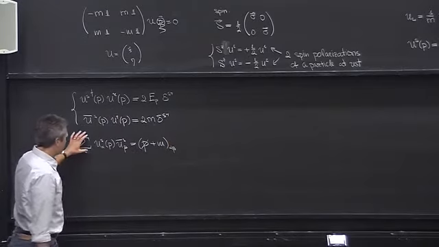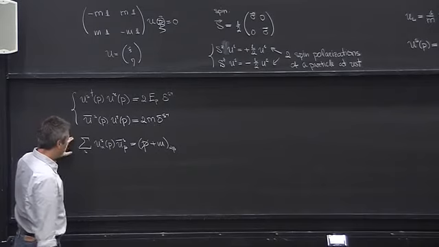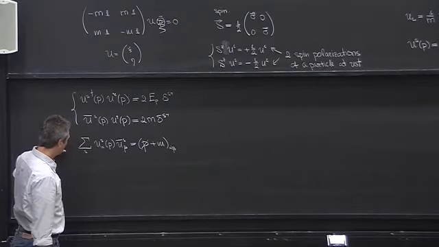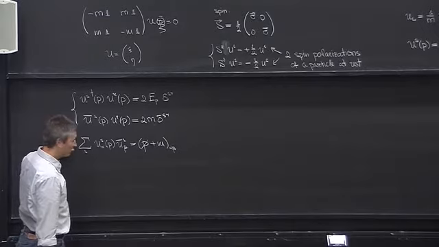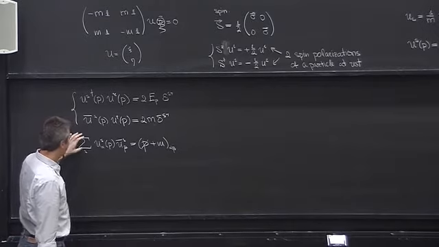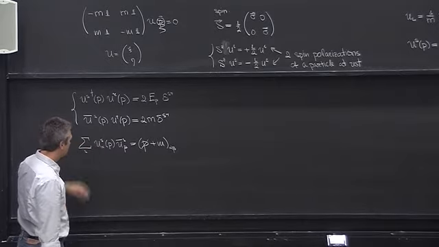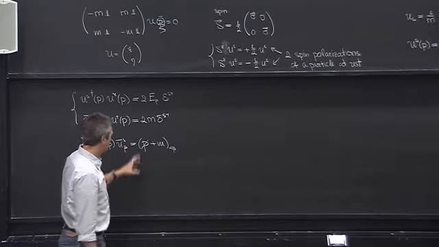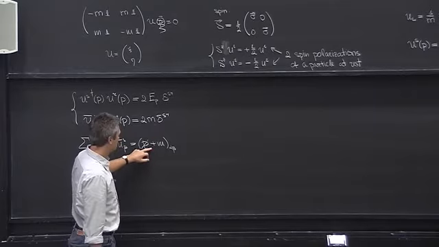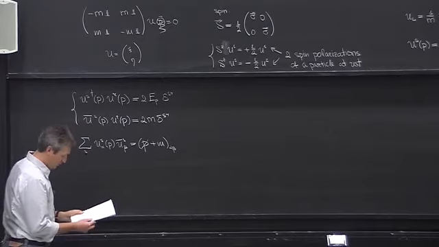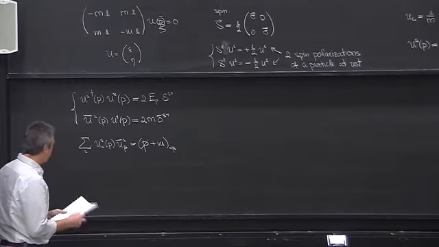Again, there is a cross-check on this formula. We can apply the Dirac equation to it. On the left-hand side, we get 0 because the Dirac equation acts on u, and u is a solution by construction. And on the right-hand side, we get 0 just because this becomes p squared minus m squared.